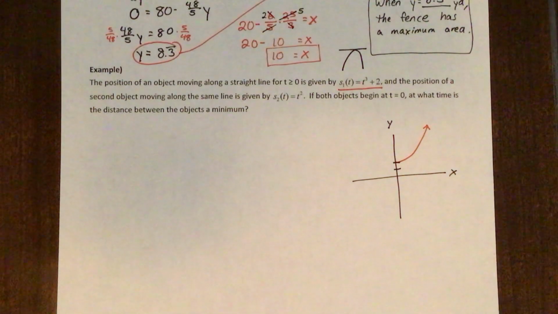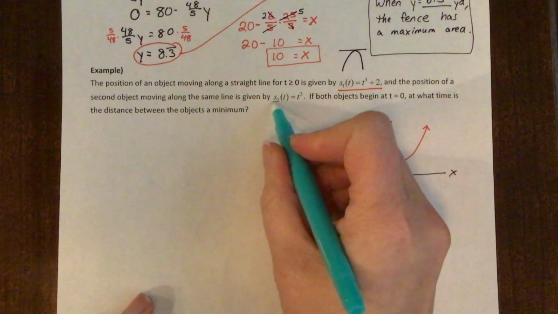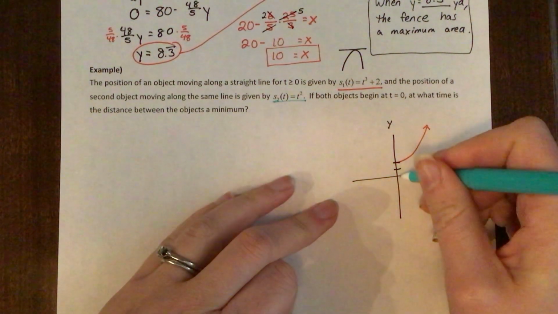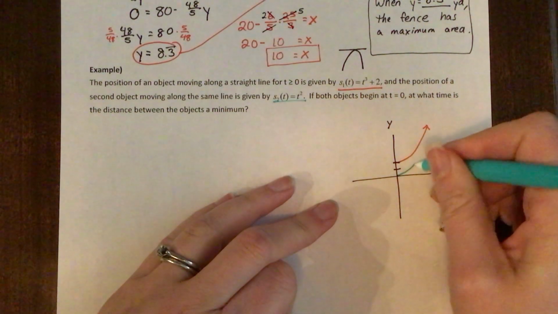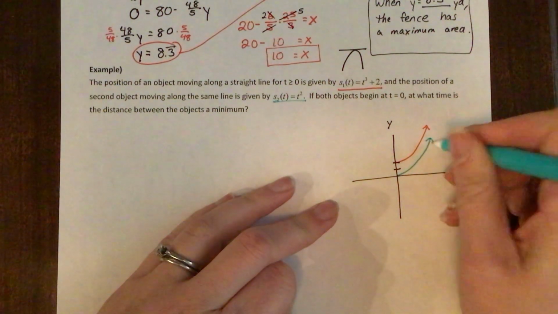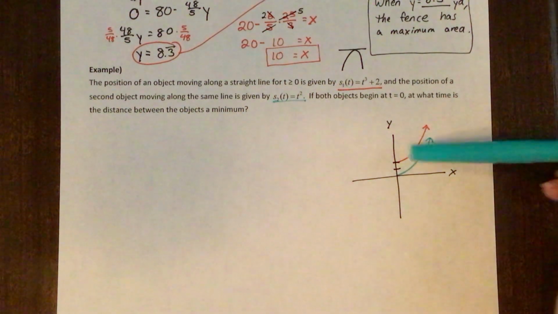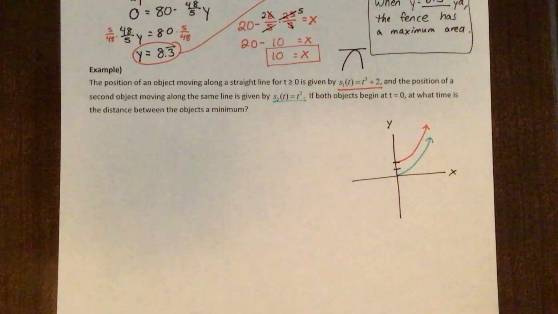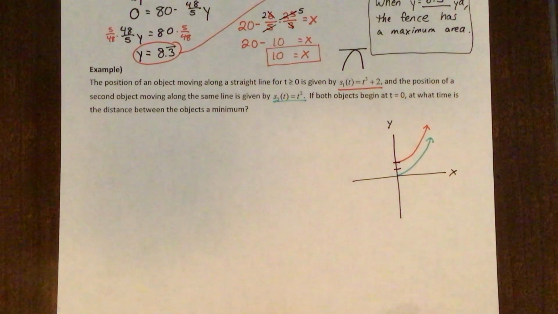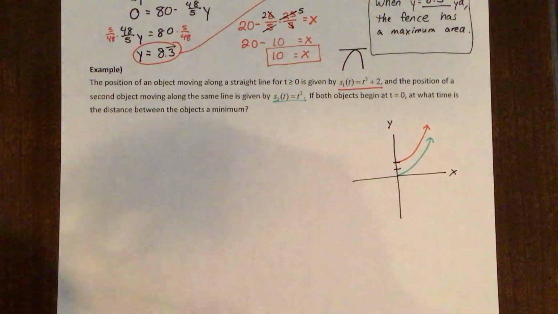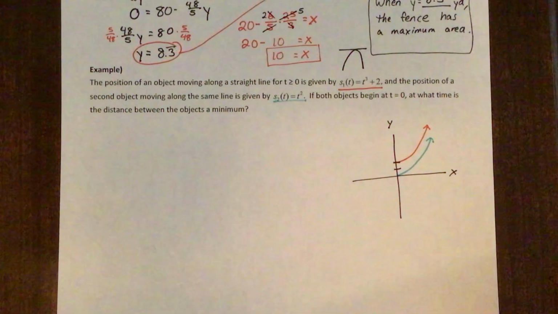And our second one is y equals t squared. So t squared is going to look like this. t cubed obviously should increase faster than t squared does. I probably should have made that steeper, but I don't have any whiteout with me, so this is how it's going to be.